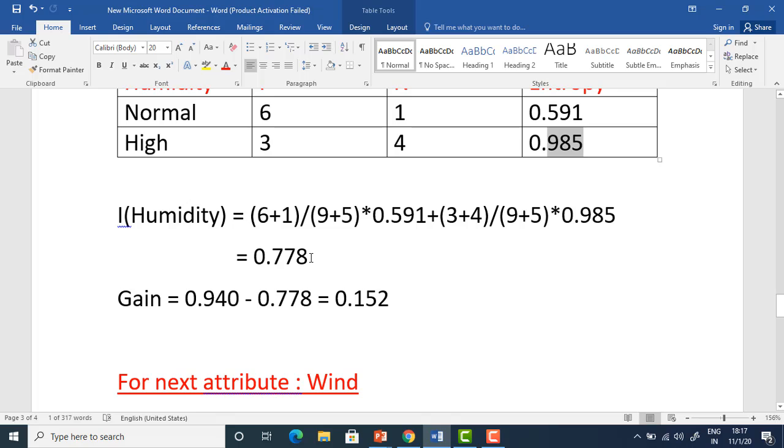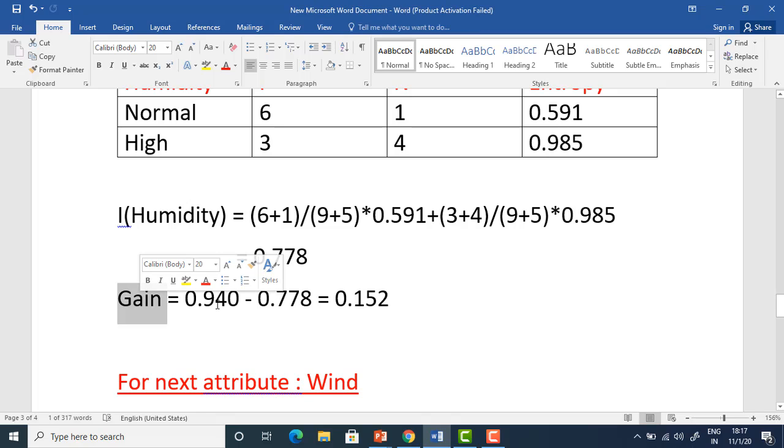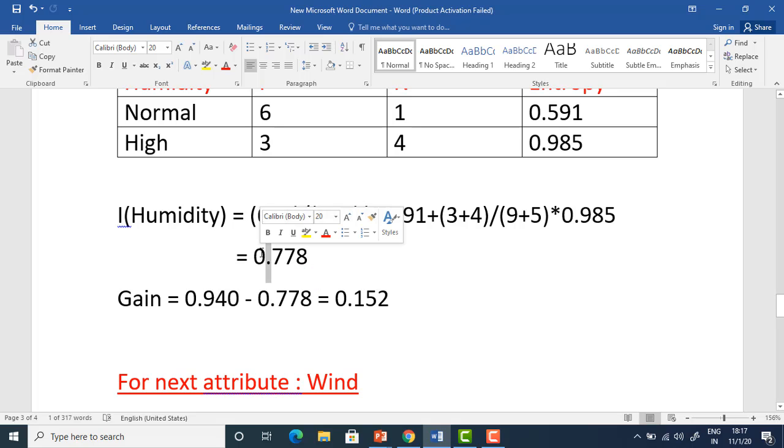We get the information entropy as 0.778, and the third step is to calculate the gain. The gain is the original entropy value of the entire data set, 0.940, minus the attribute's average information entropy value. We are getting 0.152 as the gain value.